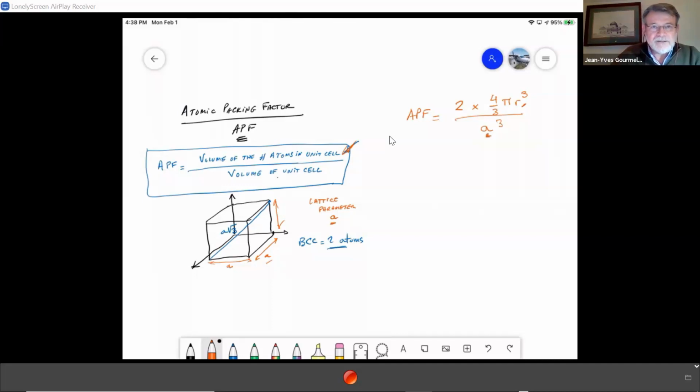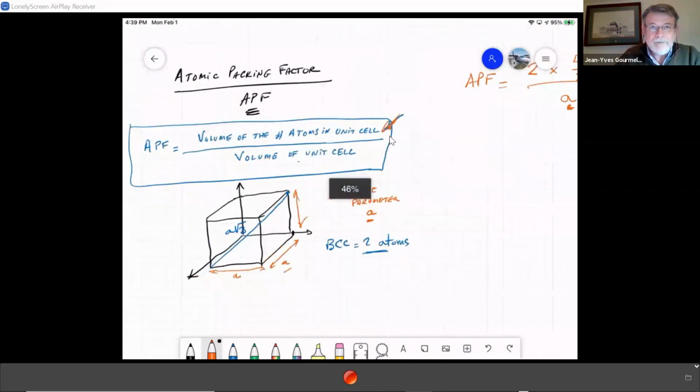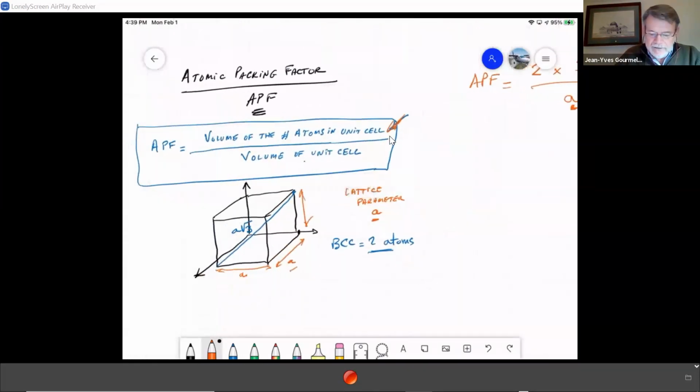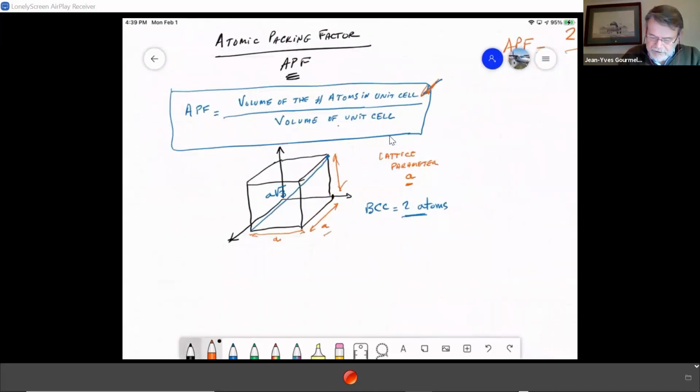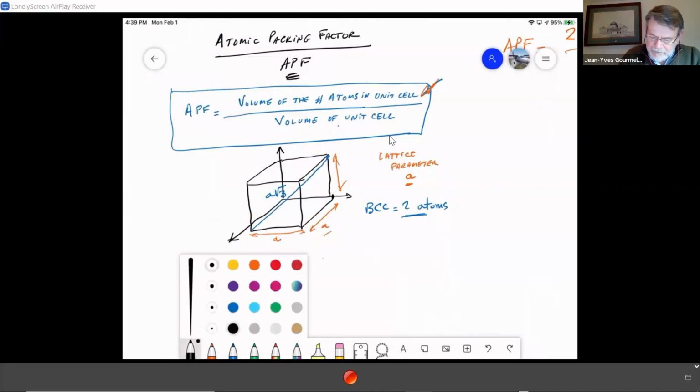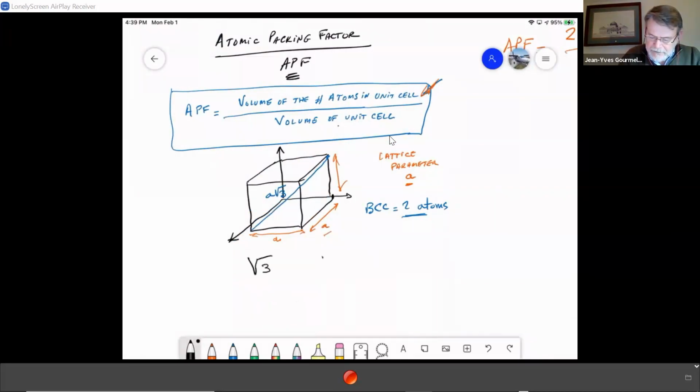Along the blue diagonal, body-centered, that length of root 3 A, I'm writing it A root 3.